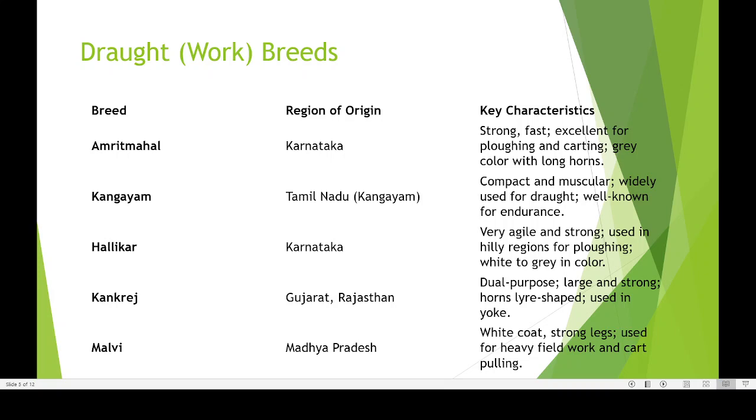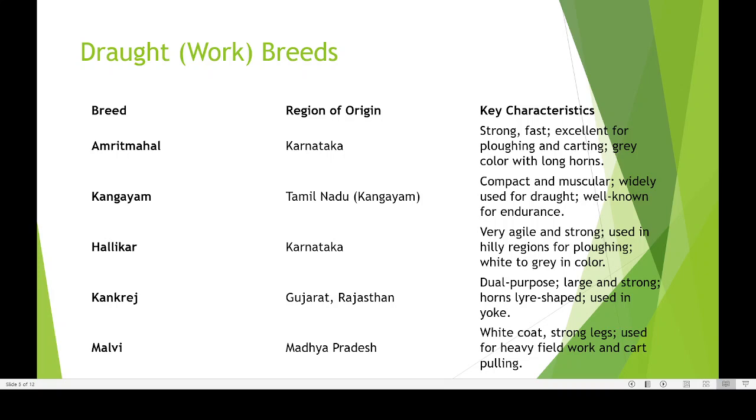It came from Madhya Pradesh. See, this is how the Malvi cattle appear. It has a white coat. You can see that the color is white, legs are very strong. Used for heavy field work and pulling carts. So these kinds of animals are mainly used for bullock carts, pulling of cart vehicles attached to cows, known as bullock carts.